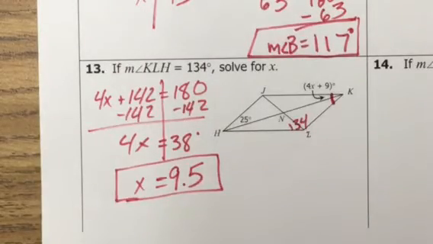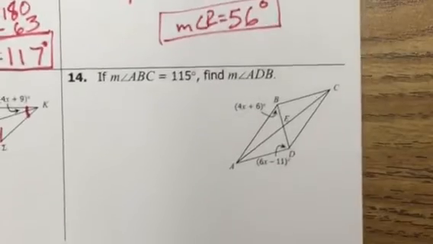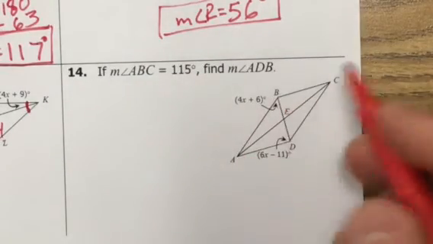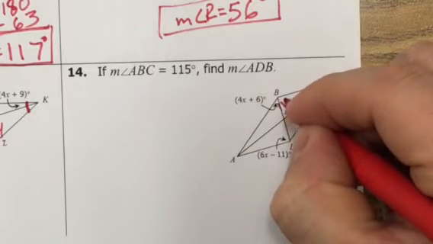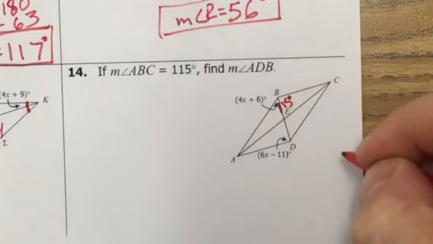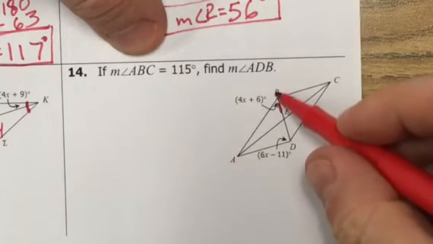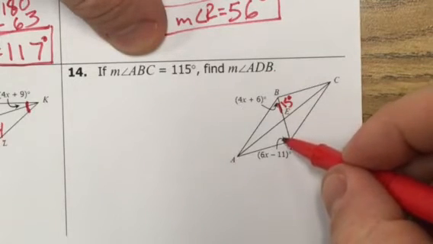All right, working on to the last one, number 14. If the measure of angle ABC is 115 degrees, find the measure of angle ADB. So I'm trying to find this measure.